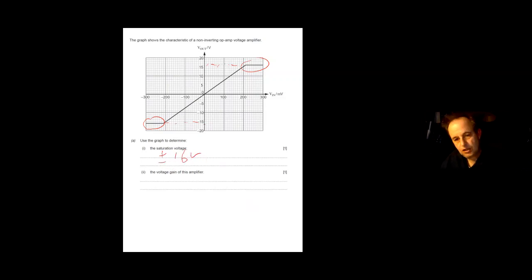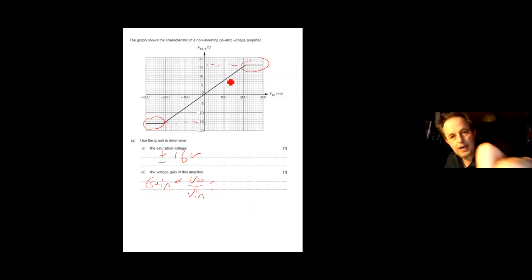The voltage gain, so the gain in this case, the easiest way to work it out. So the gain would be the V output divided by the V input. So your output voltage, you can take any part, 16 volts, down any part of the linear part of the graph. Okay, but it's easier basically just to take the saturation where it happens.